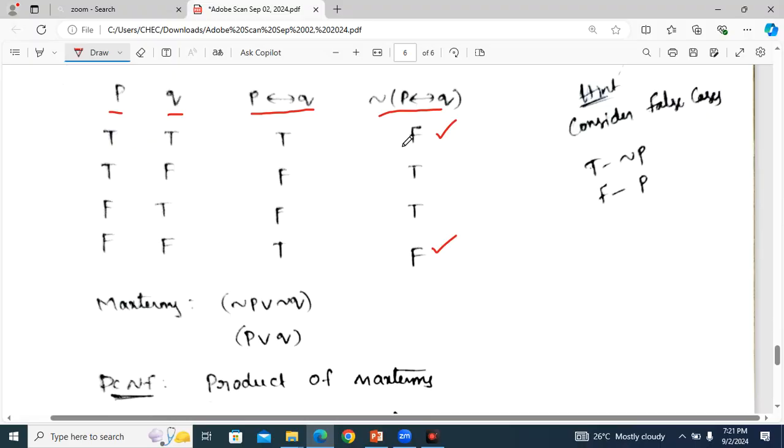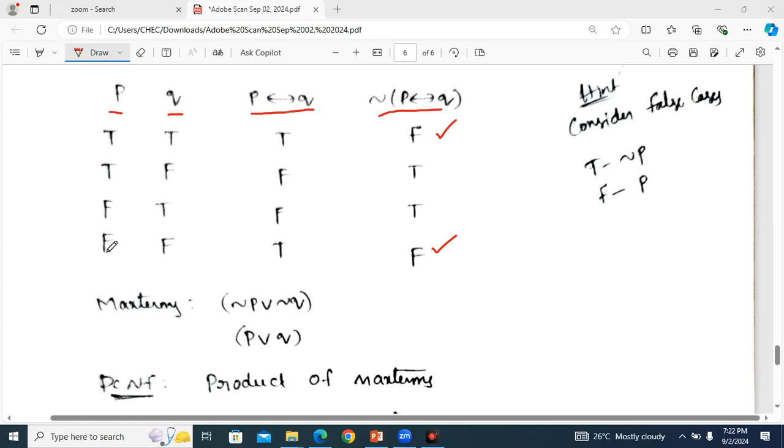Okay. So in PCNF form, true stands for negation P, false stands for variable. So in first case P, Q truth values are true, true. So true stands for negation. So we consider disjunction of negation P, negation Q. So F stands for variable.